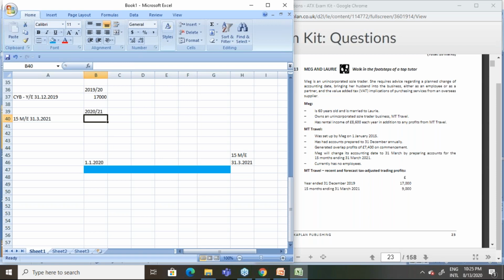There is a profit of £9,000. However, an assessable period cannot exceed 12 months. Therefore, you should bring down this 15 months to 12 months. How can you do that? This business has an overlap profit of 7,400 on commencement.